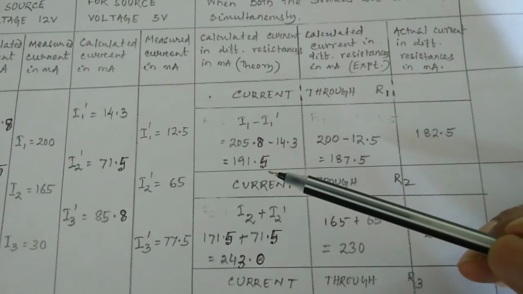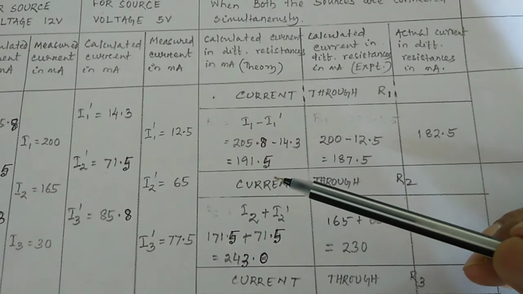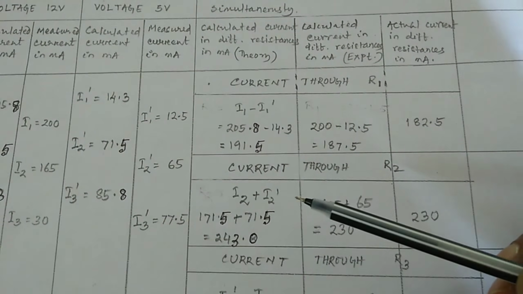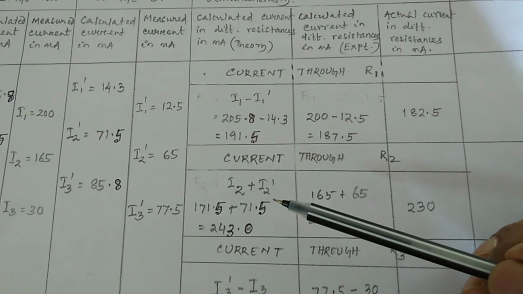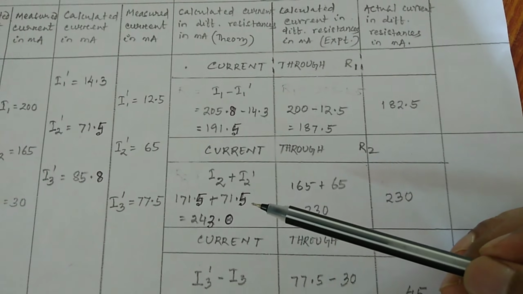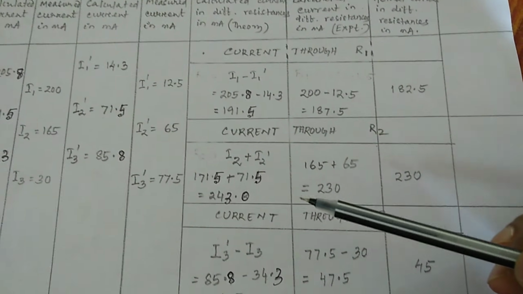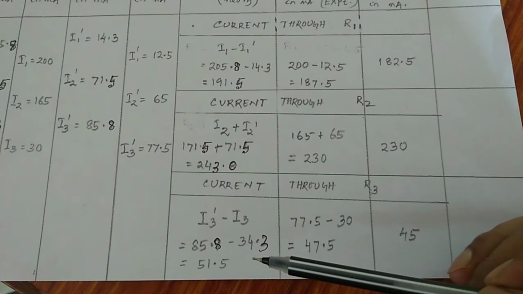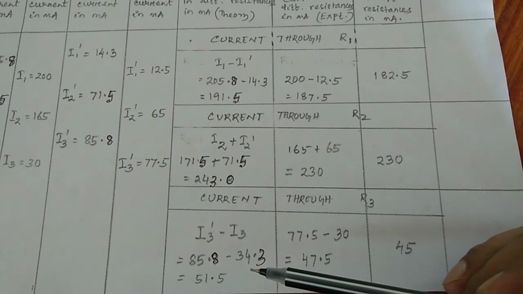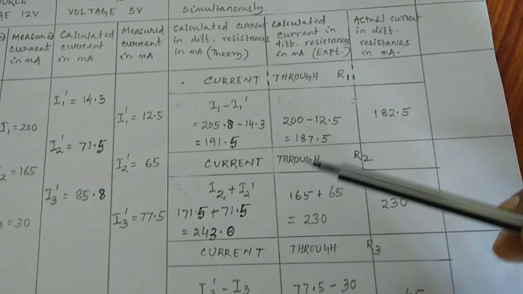This is the calculated value, and when you connect it, you will have the measured value. Similarly, for R3 it is I3 dash minus I3.